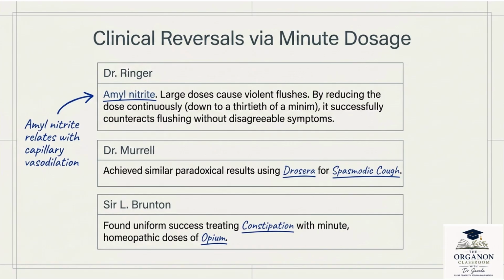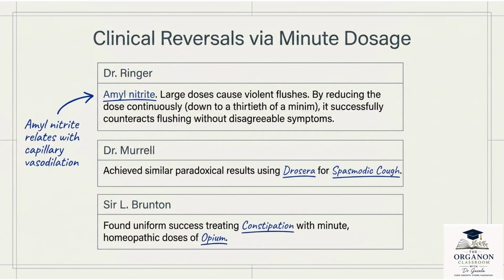As he progressively reduced the dose even to an extremely minute quantity, about 1/30th of a minim, okay, 1/30th of a minim, a very minute dose, the same drug helped to relieve abnormal flushing instead of producing it. Okay?